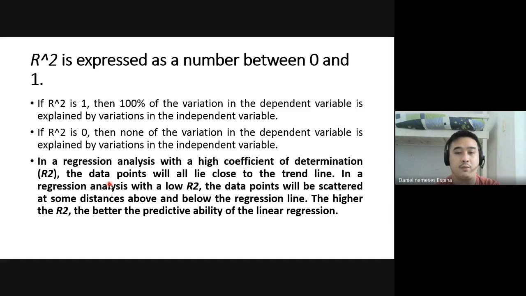In a regression analysis with a low coefficient of determination, so may bawa na nimo because the data points are very scattered. Okay? So daghay naa sa taas sa line, sa ubos. Okay? So the higher the R2, the better the predictive ability of the linear regression. So we want a coefficient of determination nga very close to 1 because it means that the predictive ability of the regression analysis is very high.